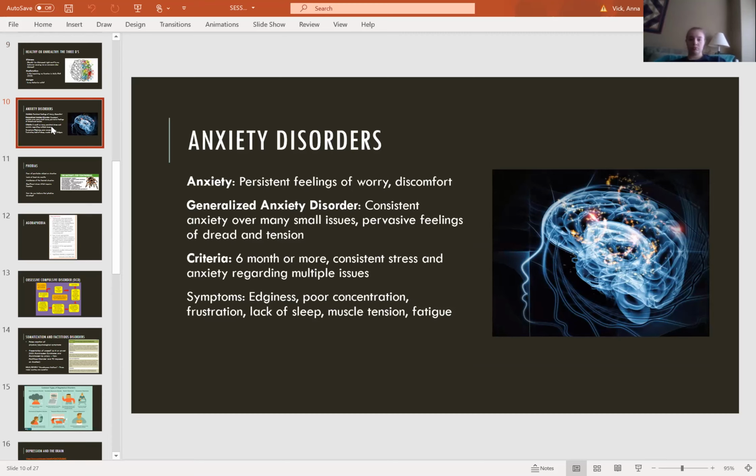Okay, so for anxiety disorders, a common one, as I was just mentioning, is generalized anxiety disorder, or we'll say GAD. This is a person who feels anxiety about a lot of different things and feels anxiety nearly all the time. And this is different from the idea of panic disorder. Somebody with generalized anxiety may also have episodes of panic, and that could be a comorbid condition or another type of diagnosis.